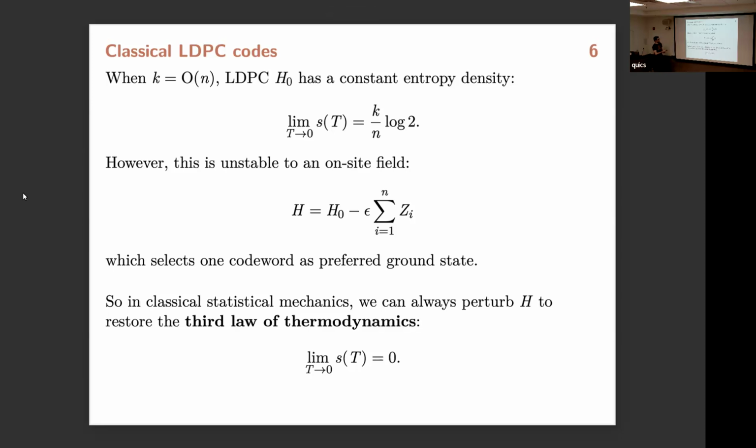So in classical statistical mechanics, essentially because of this mechanism, there's always a perturbation to a Hamiltonian that only depends on Pauli z's that restores the third law of thermodynamics. One of the questions we'll be asking as we go through the talk is whether these codes can truly violate the third law for all perturbations. And we'll see that this is indeed the case when we look at quantum codes.